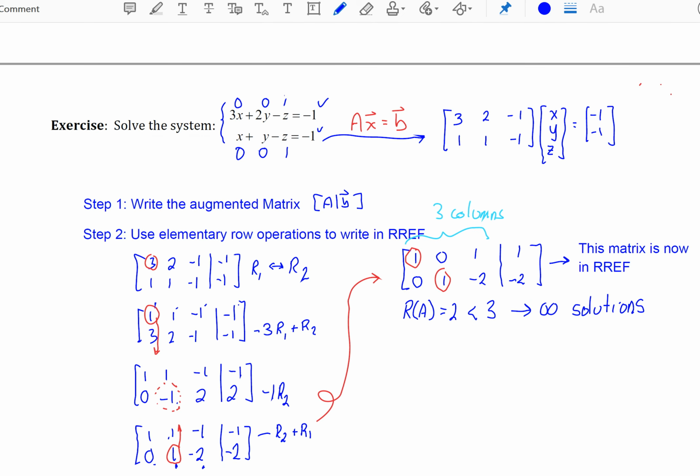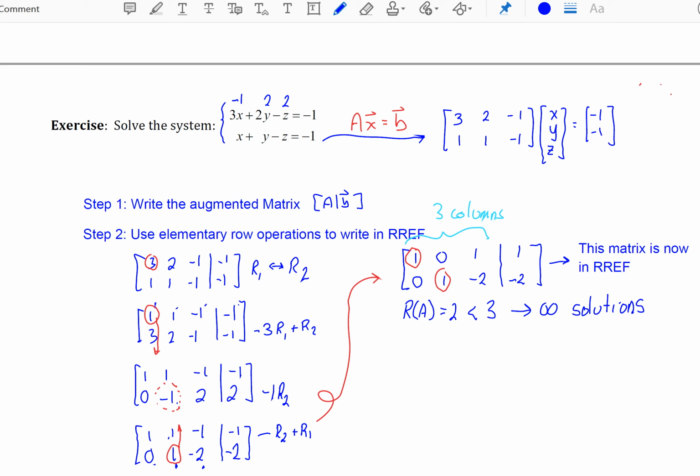Let's go back to our original system. Let me erase this so we can try it again. And let's plug in negative 1 for x, 2 for y, 2 for z.